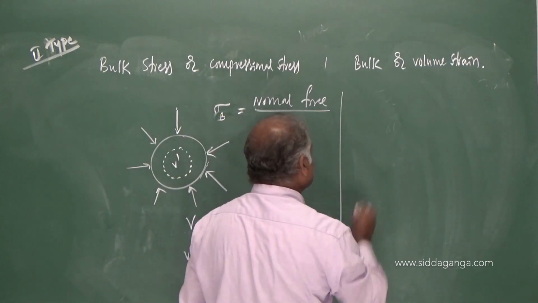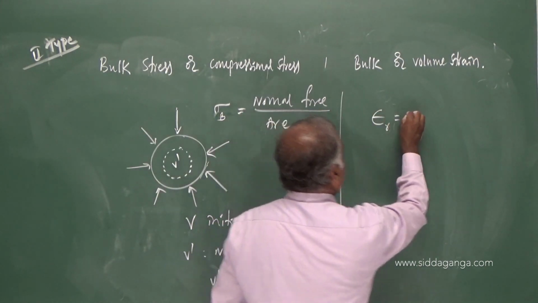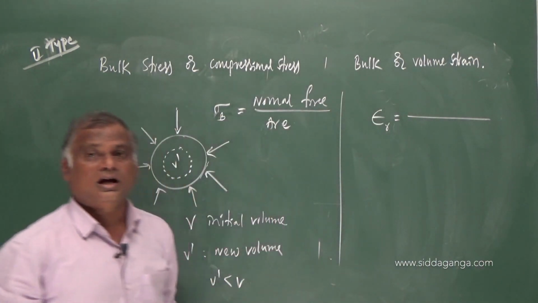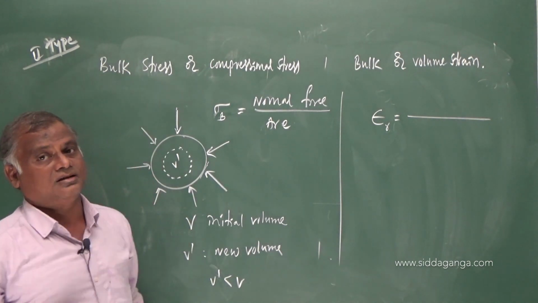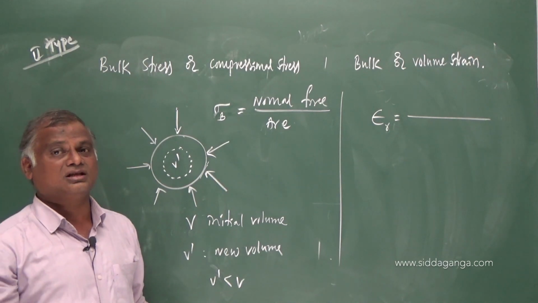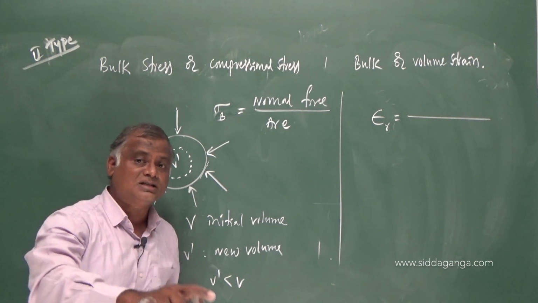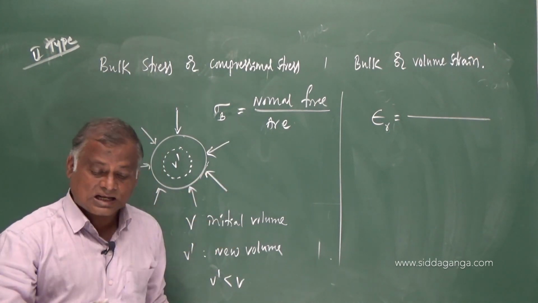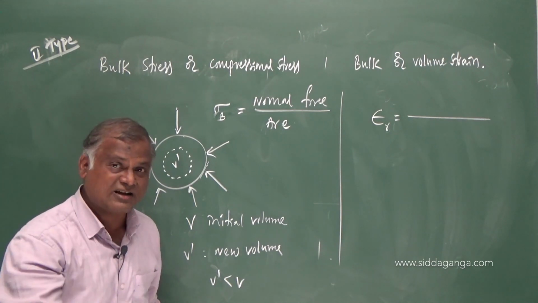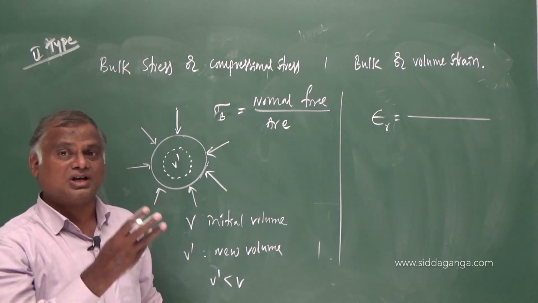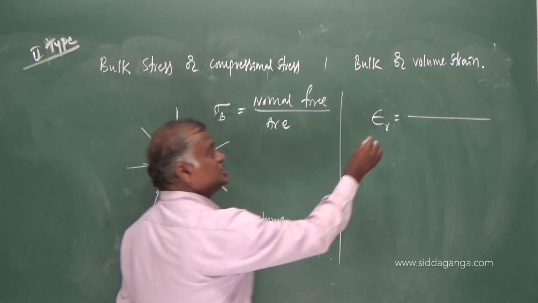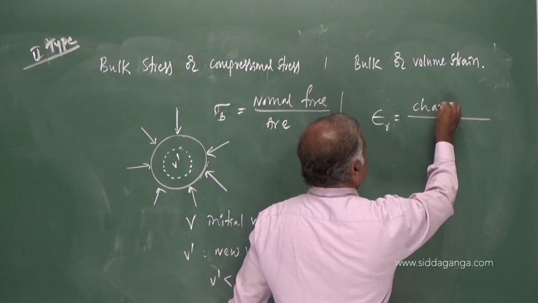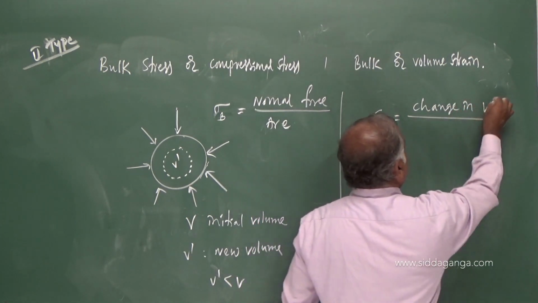Correspondingly, there is a bulk strain. So, what happens here? I told a fractional change in the dimensions of the body because of the stress. Fractional change in the dimensions means length may change, surface area may change, volume may change. Here what happens now? Volume gets changed. Now what is the change in volume? Delta V. Change in volume.